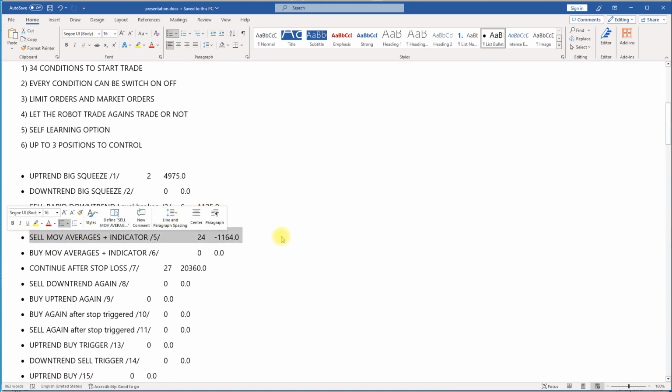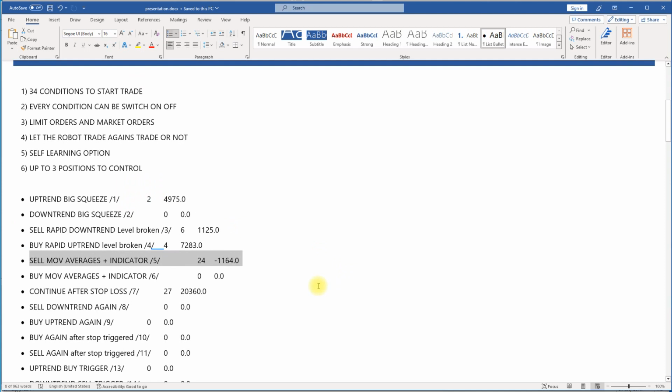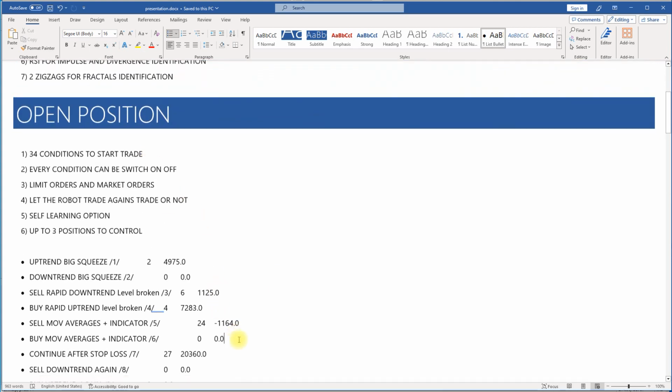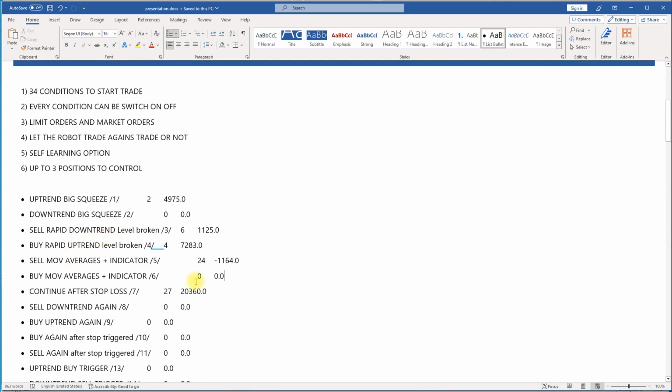You can make your report and manually remove all the conditions which bring you a negative result, or optimize automatically. The optimization removes the negative ones, or the negative combinations, leaving only the good combinations of indicators and conditions together.